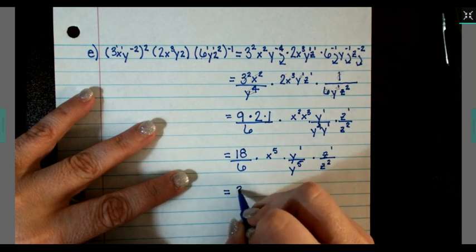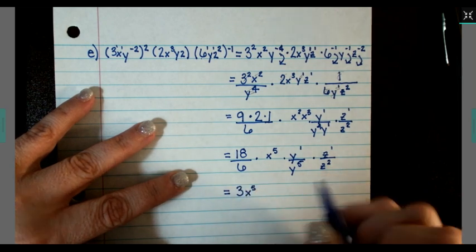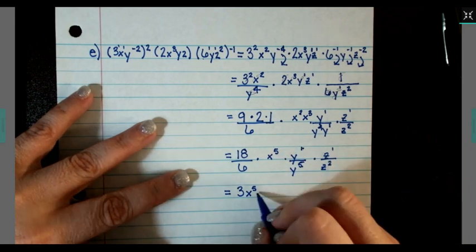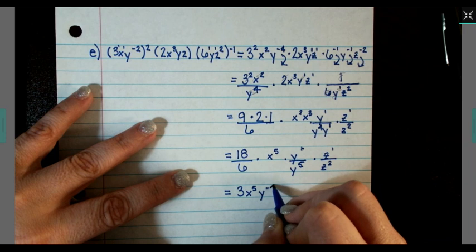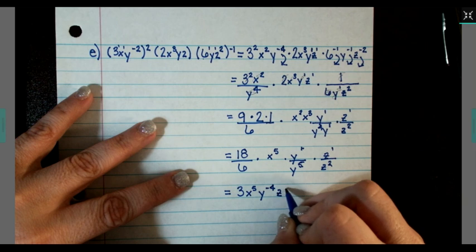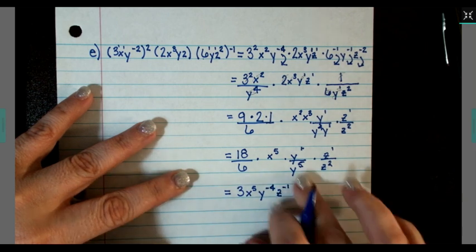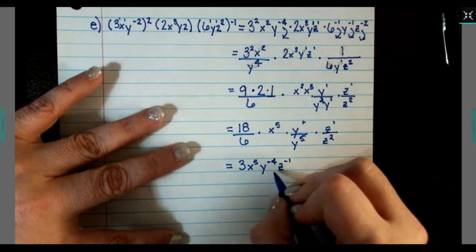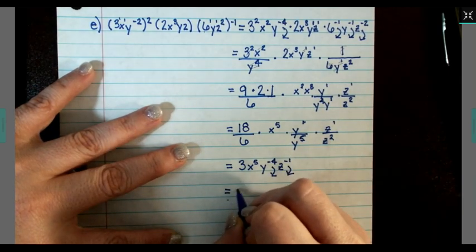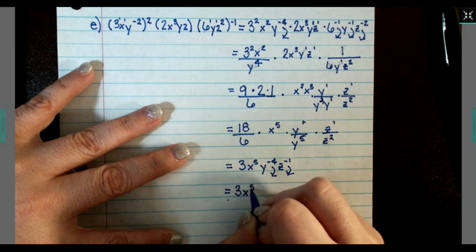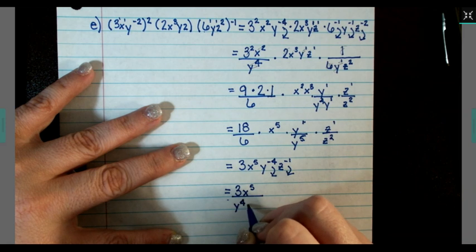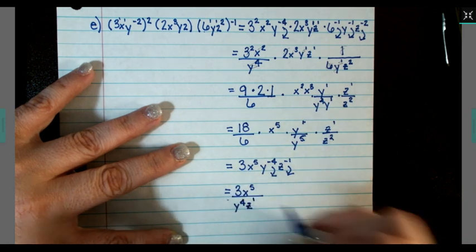18 divided by 6 is 3. We got that x5 already cleaned up now. We're going to subtract. 1 minus 5 is negative 4. 1 minus 2 is negative 1. Again, I don't want negatives in my final answer, so I'm going to have to do that negative property again. 3x to the 5th in the numerator, and y to the 4 comes down, and so does z to the 1st.